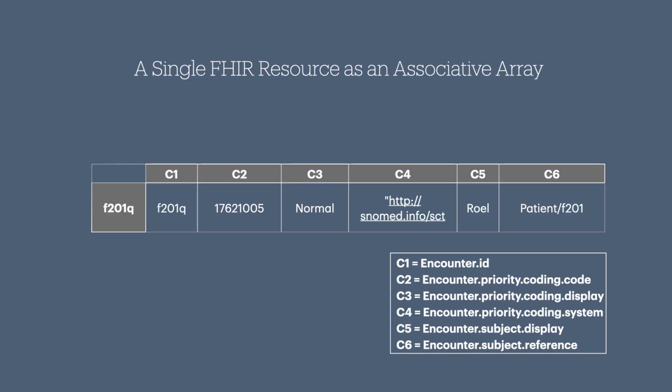What you are looking at is a single FHIR resource represented as an associative array. The row corresponds to one resource. Each column corresponds to a FHIR path. While we are only showing a small subset here, FHIR resources are inherently sparse across all possible paths, and associative arrays handle that naturally.